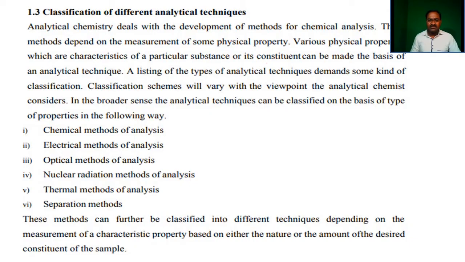The very important types of analysis involved in analytical chemistry are chemical methods of analysis, electrical methods of analysis, optical methods of analysis, nuclear radiation methods of analysis, thermal methods of analysis, and separation methods. These analytical techniques are adopted to analyze chemical compounds in analytical chemistry.